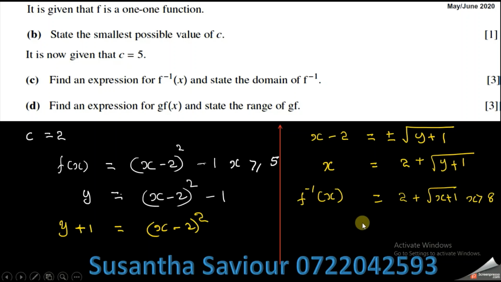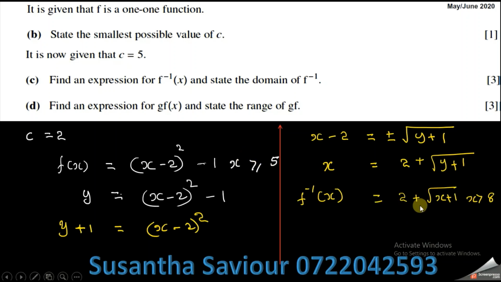Now if you have not understood the concept that domain and range interchange when you take the inverse, you will blindly give some other answer here, right? So therefore now when you are studying, refer to all my videos on functions. You will get the concepts very clearly, right? So this is a very important situation.